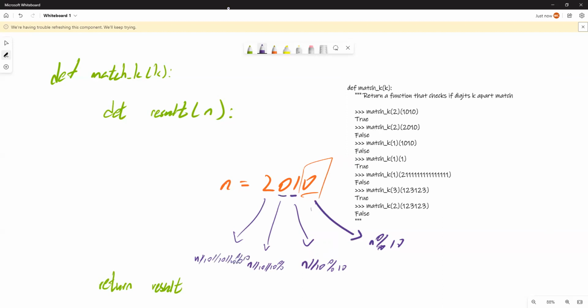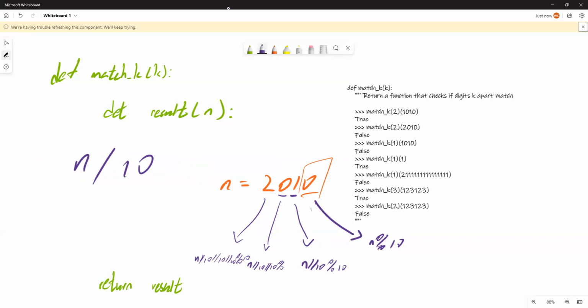Why do we have to divide by 10 first? Because n divided by 10, like 2010 divided by 10, gives 201, right? Some of you may think, could we use one slash? Yes, you can, but I don't recommend it because it gives a floating value.